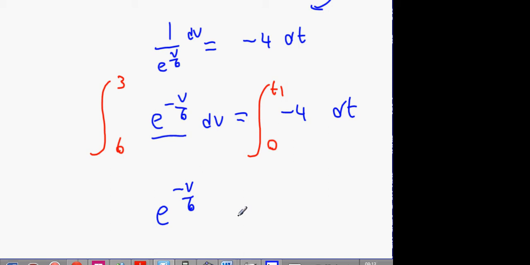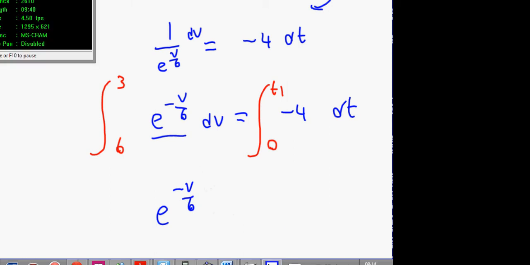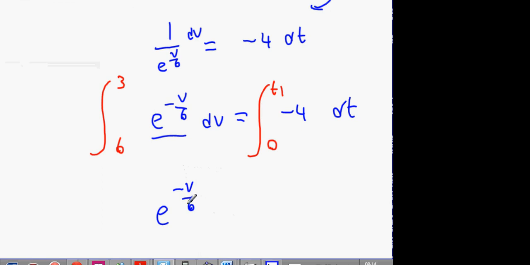So basically, when you integrate e to the minus v over 6, when you differentiate that, you're going to be multiplying it by minus a sixth. You need something to prevent that from happening, the minus 6 appearing at the front.